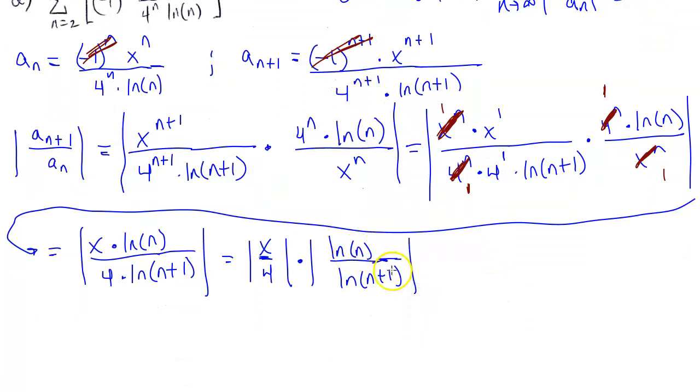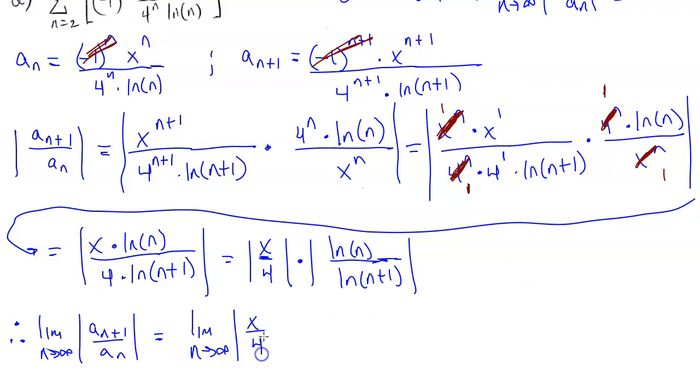So now that we have it like this, then we can just take the limit as n approaches infinity of a sub n plus 1 divided by a sub n, and all that's going to equal the limit as n approaches infinity of the absolute value of x over 4 times the limit as n approaches infinity of natural log of n over natural log of n plus 1.